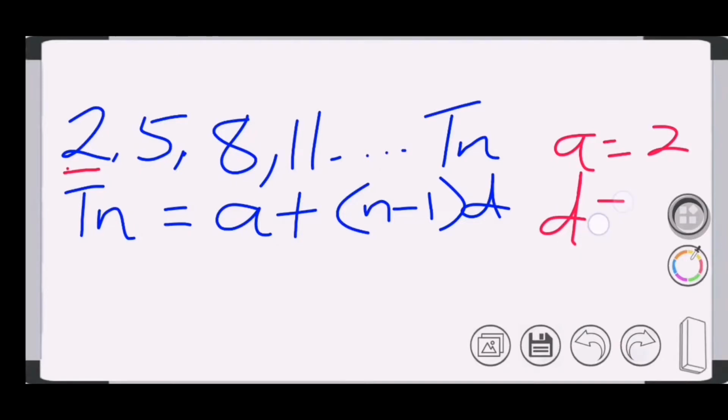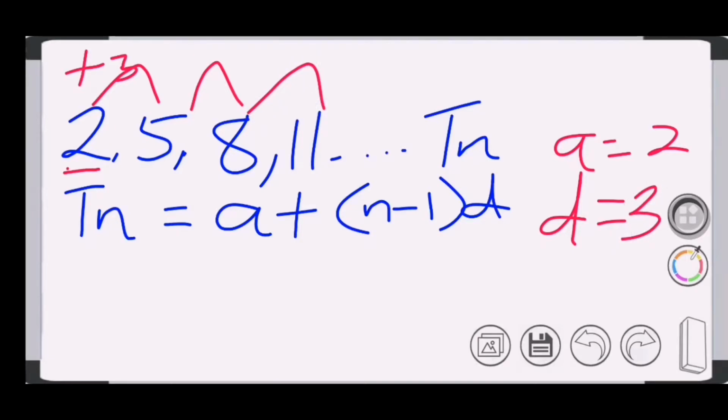That is D, the common difference. 2 to 5, what is happening there? It is plus 3. 5 to 8, plus 3. 8 to 11, plus 3. Therefore, our common difference is positive 3. That's all you need. You need only the A and the D to substitute into the formula.